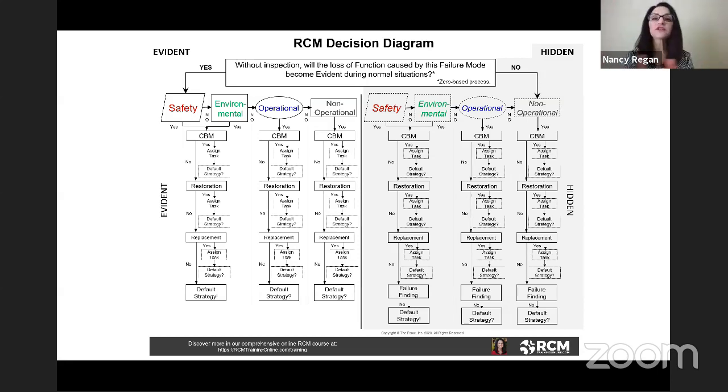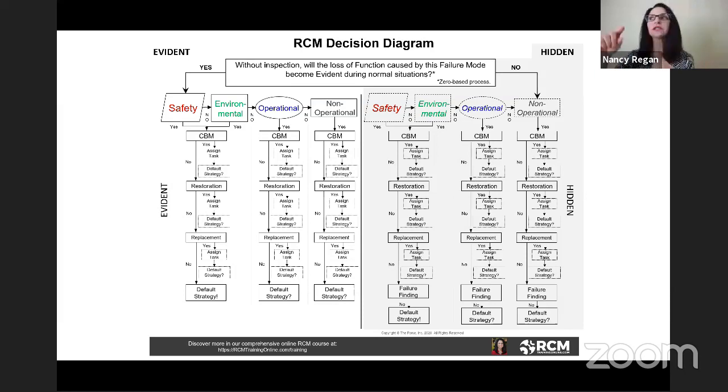And it's not just of the RCM process, because the strength comes from the information and the questions that we're asking our equipment experts. If our equipment experts can't answer the questions, or we don't have the data to answer the questions, that's a huge strength, because now we've just identified what we don't know.